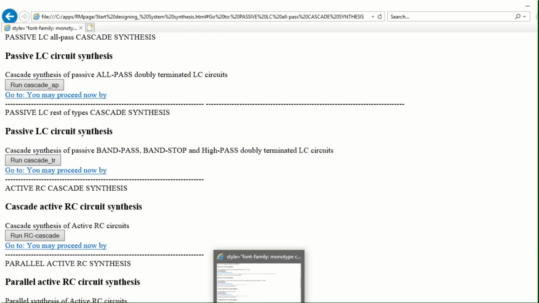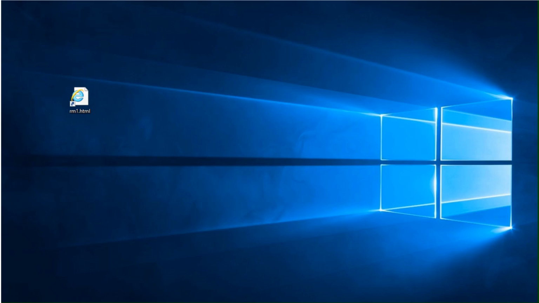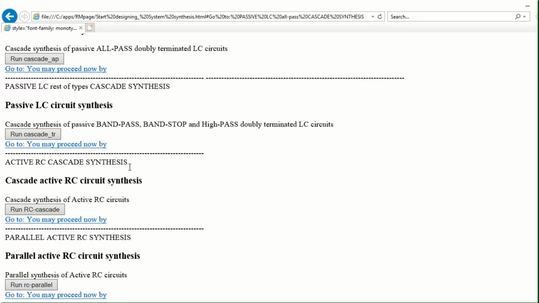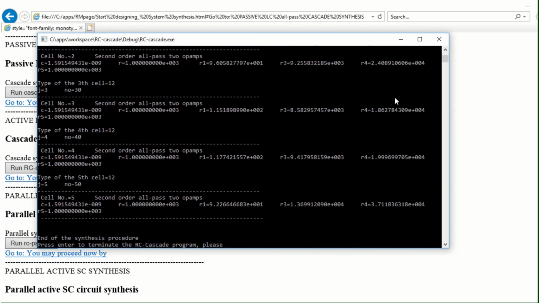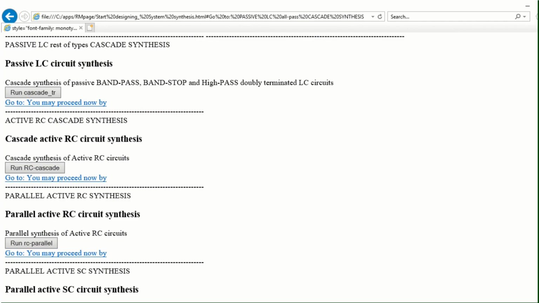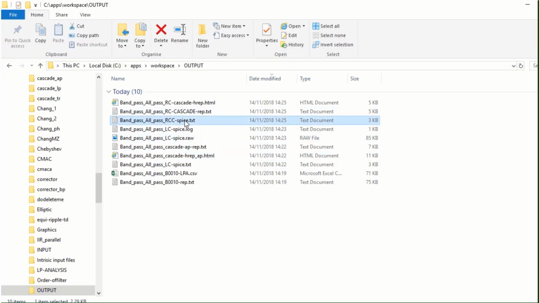Okay, now we are going to the RC cascade. Done. Let's see the spice file first.